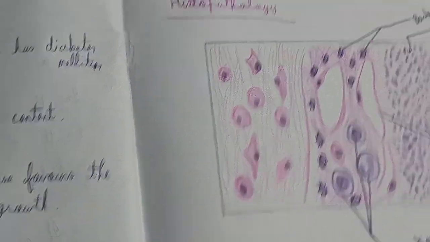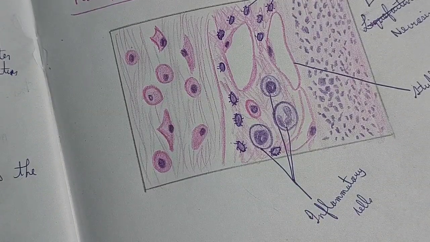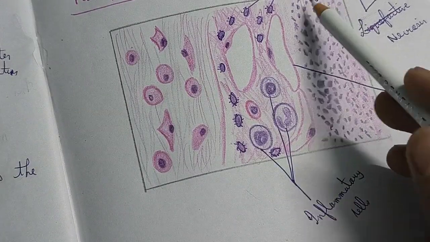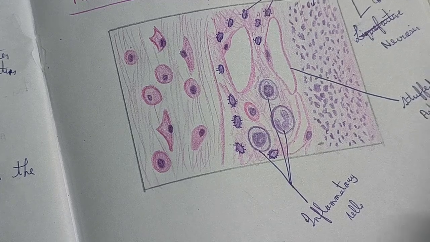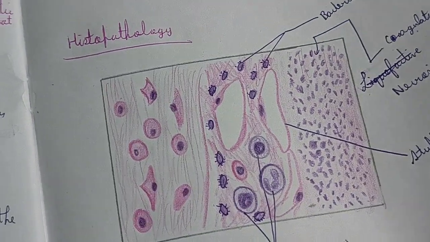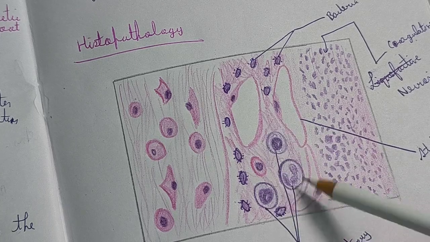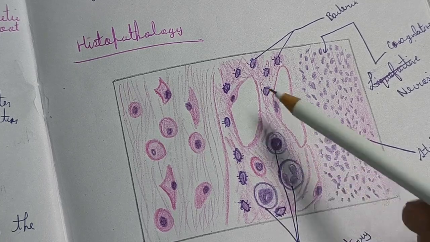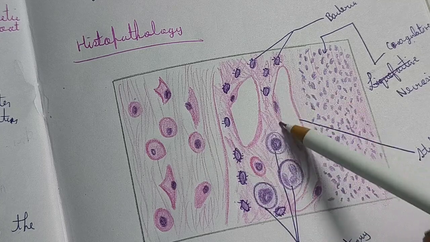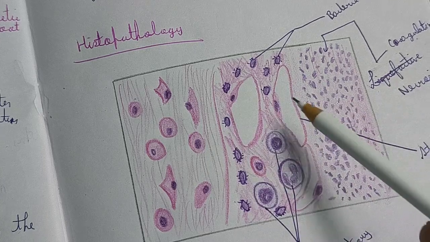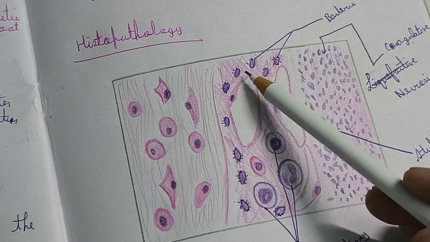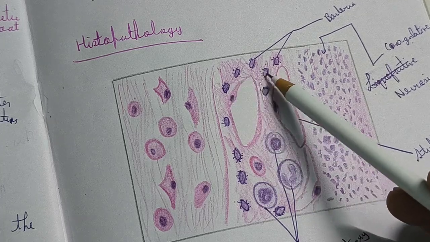Now I'm going to explain the histopathology. It is very important. You can see here this is coagulative necrosis, and as I have mentioned, the most important thing here is that these are all inflammatory cells which are found. Here there is arterial blood, and due to this bacteria grow.